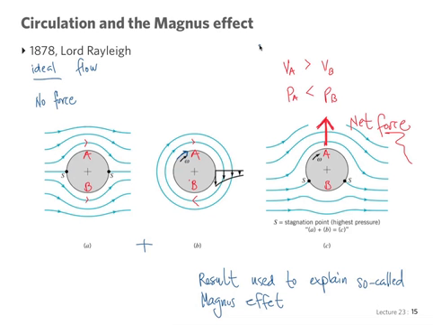But when we have a circulatory flow added to it, then we observe a force of lift. And that's the interesting result, and it's also very important that we can explain that result in the context of ideal fluids. This effect, as I said, is used in many sports.